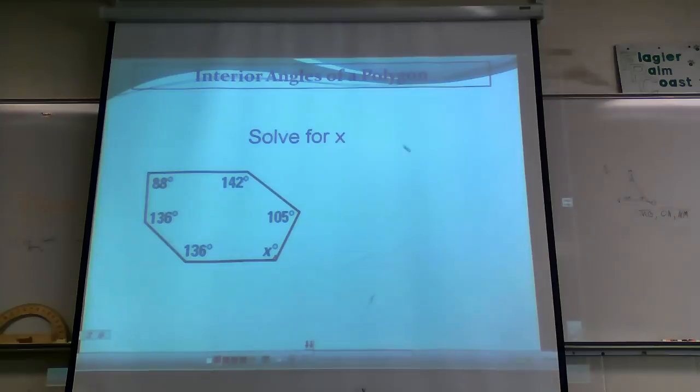Basically, all you're doing is finding out what the sum is and setting it equal to the sum with the numbers given. On one side, you're going to do the sum formula, and on the other one, you're going to actually add up what's in there. So add all those together: 88 plus 142, 105, 136, all that stuff.